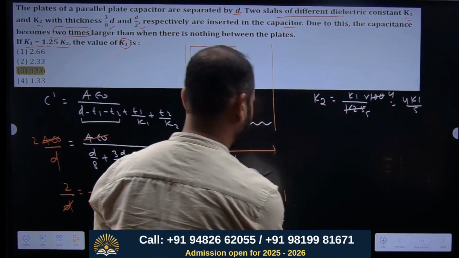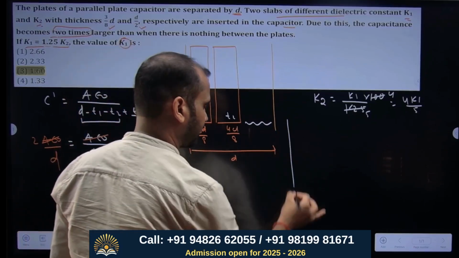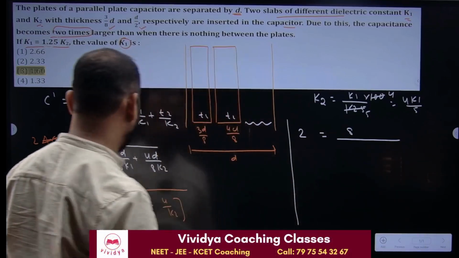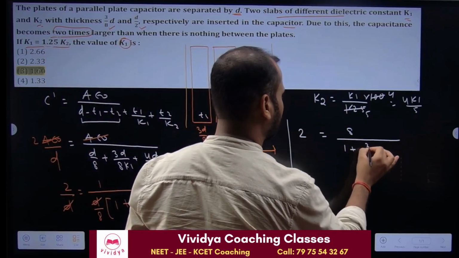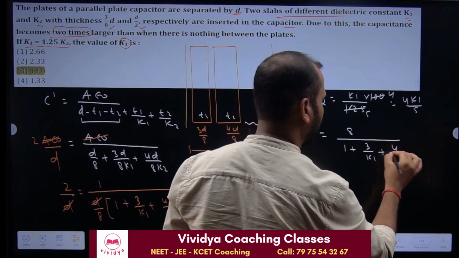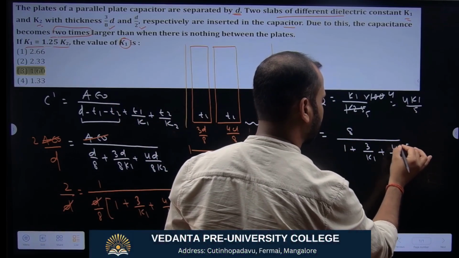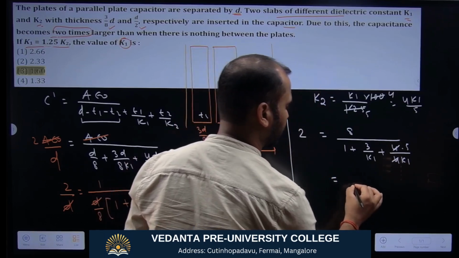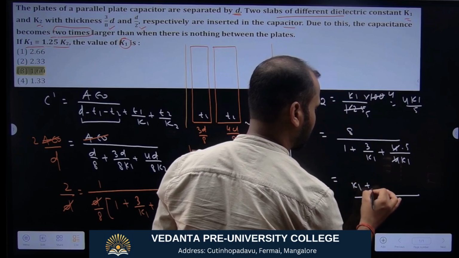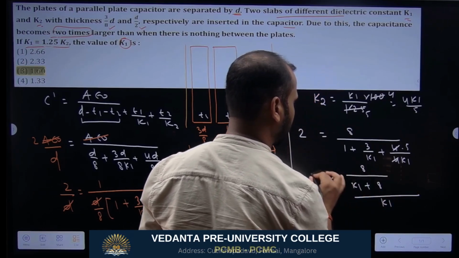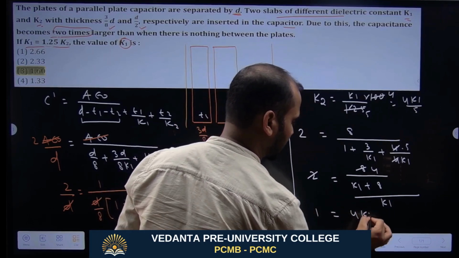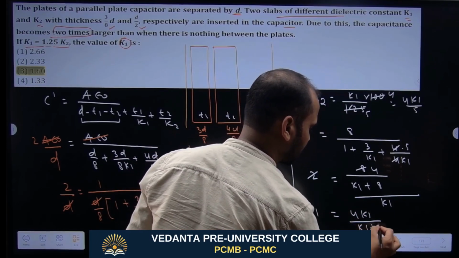So 2 is equal to 8 upon the denominator, 1 plus 3 by K1 plus 4 upon 4K1 into 5, that is K2 written in terms of K1. This 4 and 4 get cancelled. If I take K1 as LCM, K1 plus 5 threes are 8, and 8 up there, 2 four times will cancel. So 1 is equal to 4K1 divided by K1 plus 8.